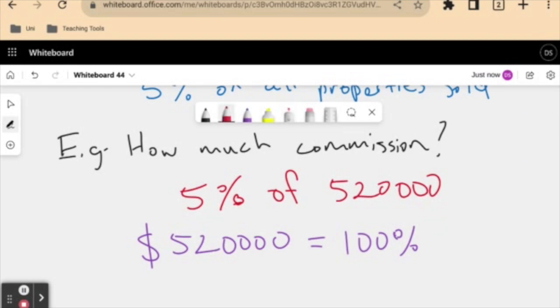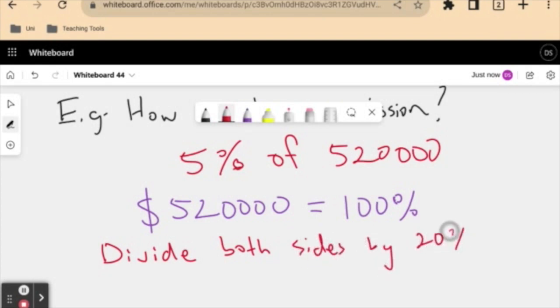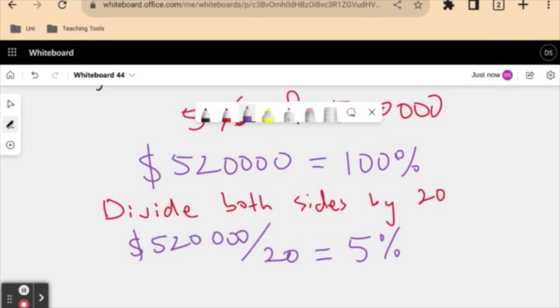So we can divide both sides by 20. Sorry, by a factor of 20. And that'll give us 5% on this side. And when I divide 520,000 by 20, that will give me our 5% of the whole.